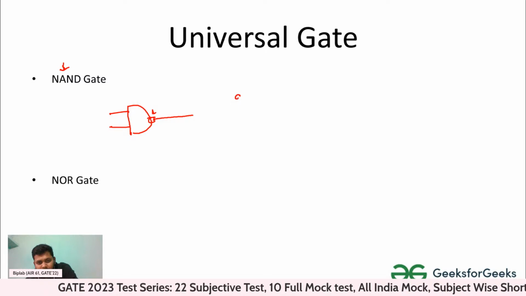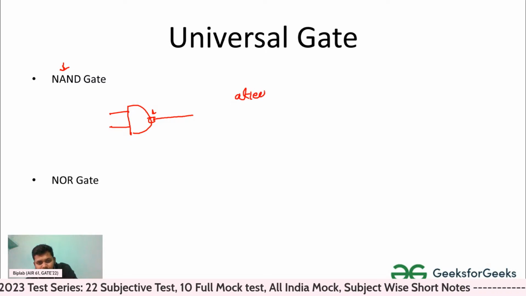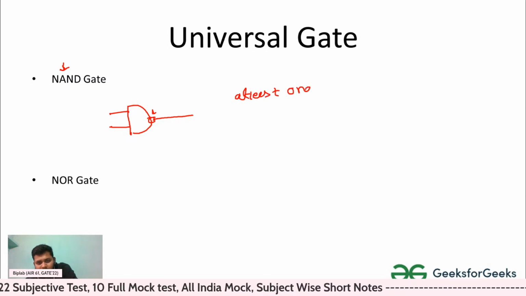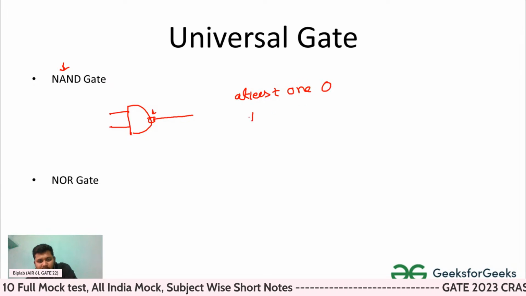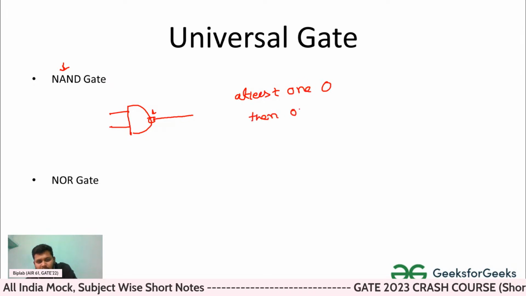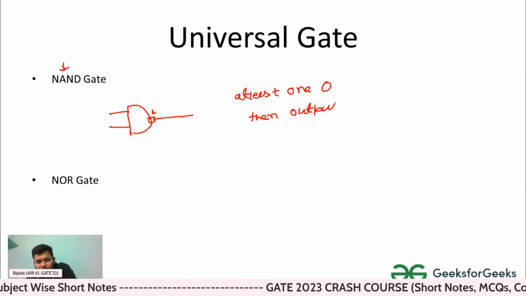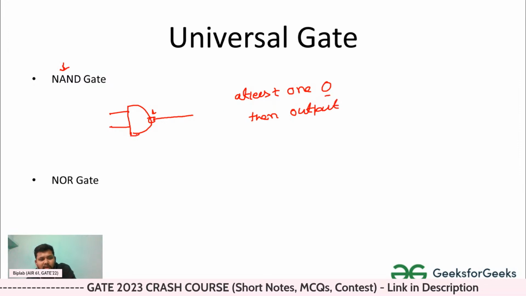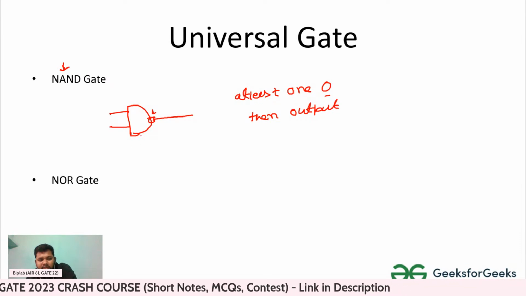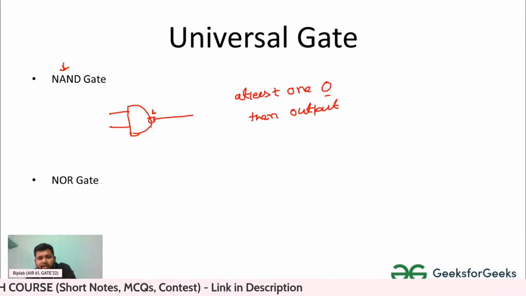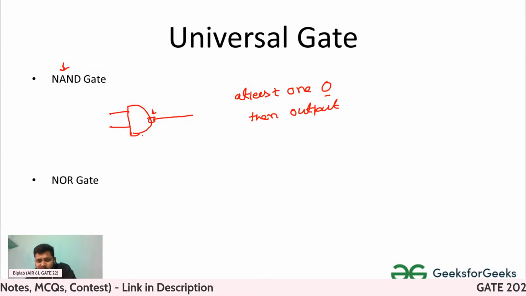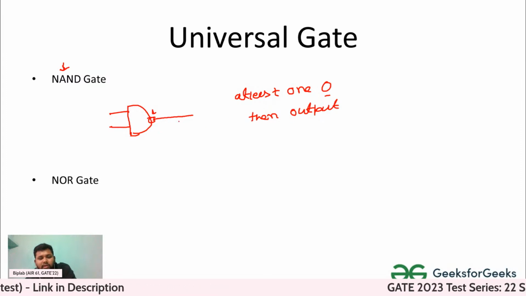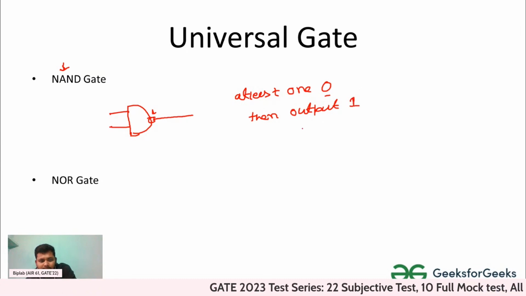So if at least one 0 is there, then what will the output be? If there is at least one zero, your multiplication result, which is actually the AND operation, will be 0. Then the output will be complemented, so it will be 1.